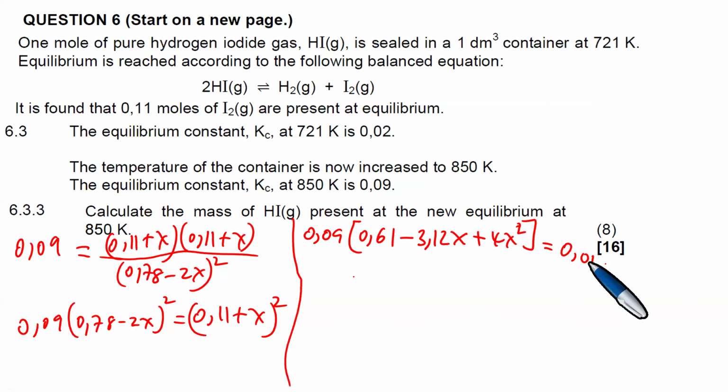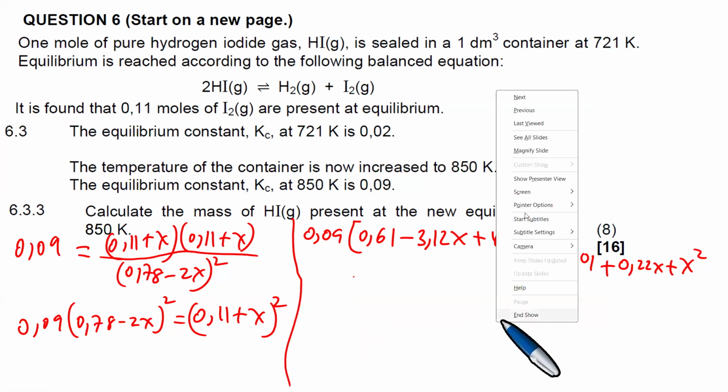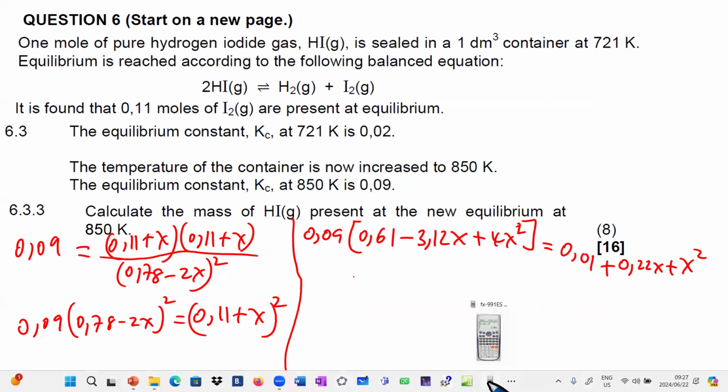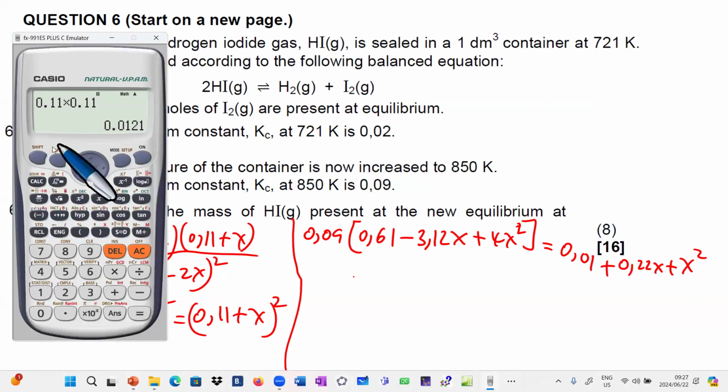Then 2 times this, 0,22x plus x squared. Let us have a little bit of fun just doing this Kc calculation, then we look at another exam paper. Now let us look at this one.